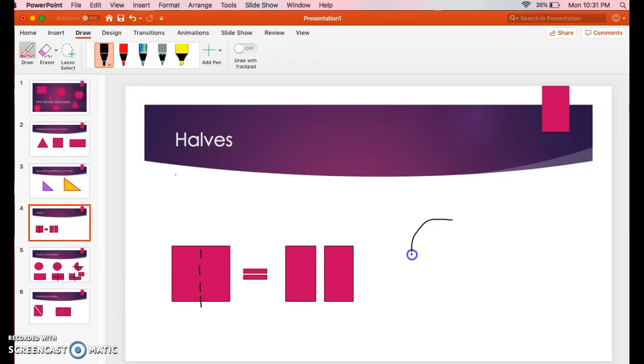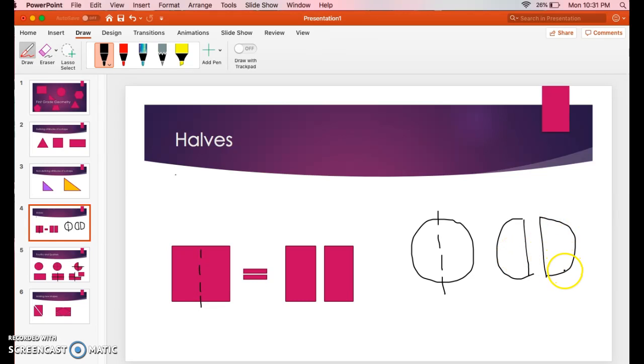If you take a whole circle and you cut it in half, directly down the middle to create 2 equal parts, you will have 2 halves of a circle. If you put these halves back together, they'll create a whole circle. Or if you put these 2 smaller rectangles together, they will create the whole square.